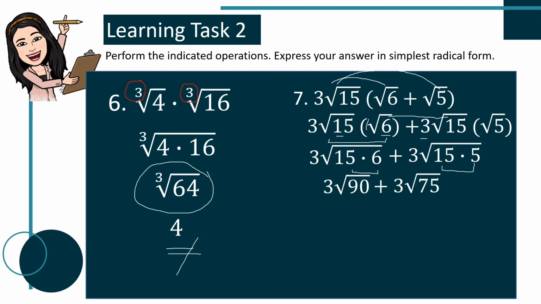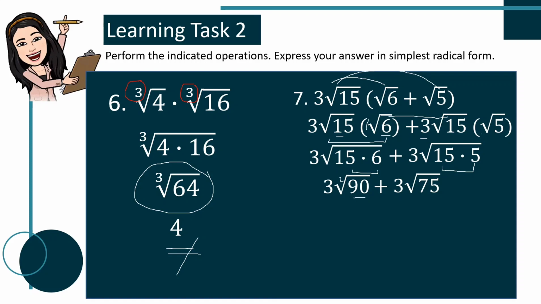As long as kaya natin i-simplify or i-reduce ang nasa loob ng radicand, i-reduce natin. Let us now get the factors of 90 na ang isa ay perfect square. Bakit square? Kasi po ang index natin or yung root natin is 2. Ano-ano ba ang mga perfect square number?